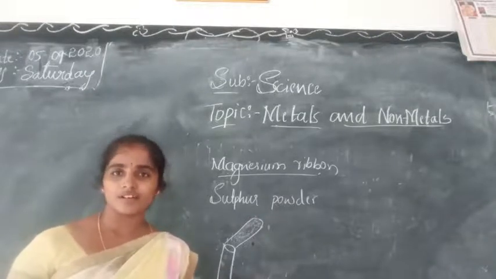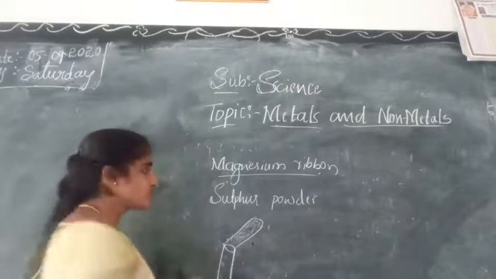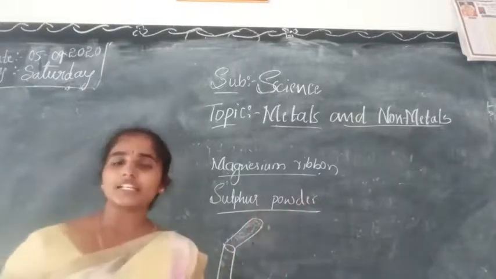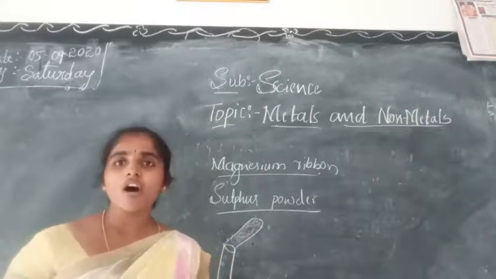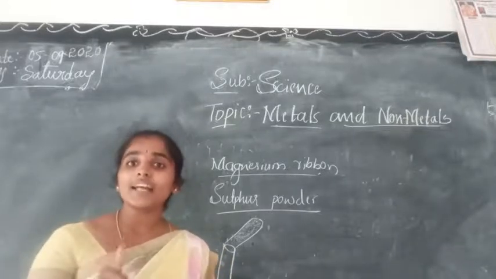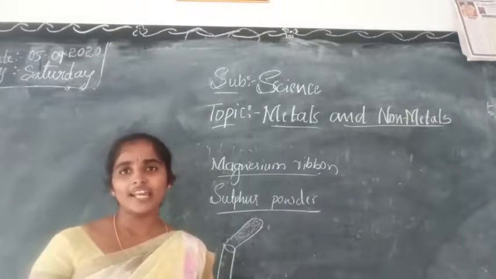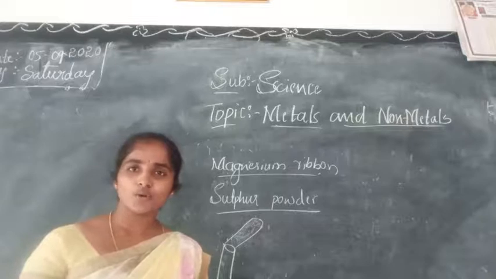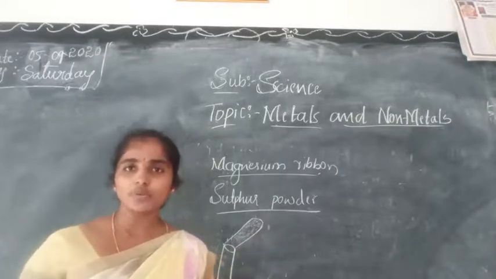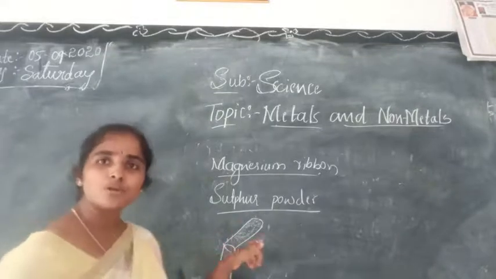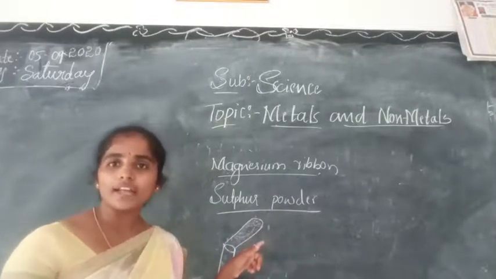What do you observe? Non-metals give rise to acidic oxides when dissolved in water. Clear about it? Metals give rise to basic oxides dissolved in water, and non-metals give rise to acidic oxides dissolved in water.